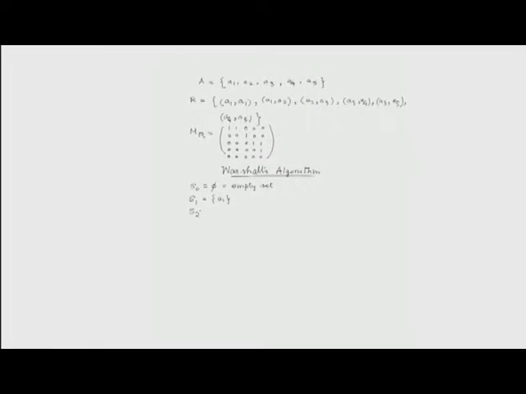The third set is A1 A2, the fourth, that is S3, is A1 A2 A3, S4 is A1 A2 A3 A4, and lastly S5 is A1 A2 A3 A4 and A5.